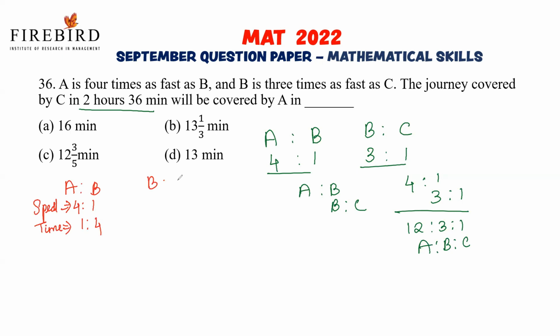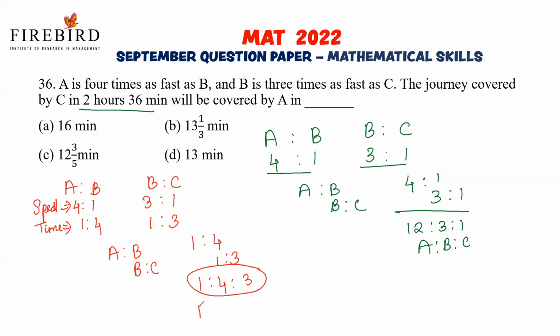And B is to C: as speed is 3:1, the time ratio is 1:3. So A is to B, B is to C: 1:4, 1:3. 1:4:3 is your answer. This is the ratio of A is to B is to C.